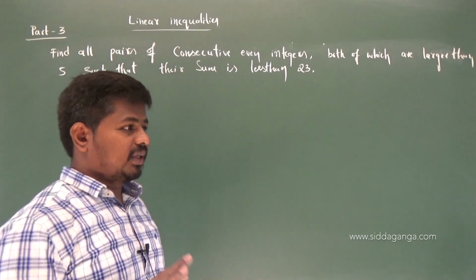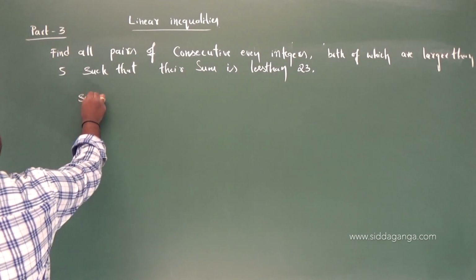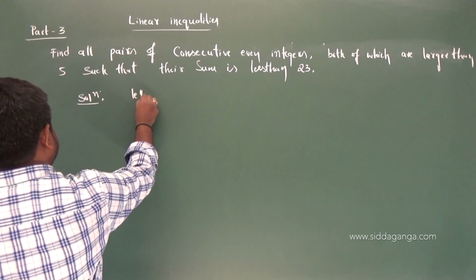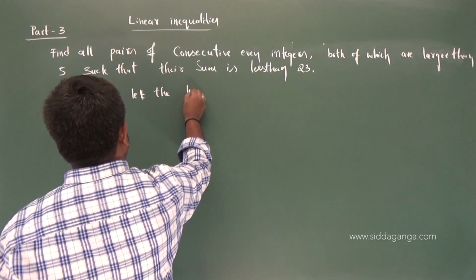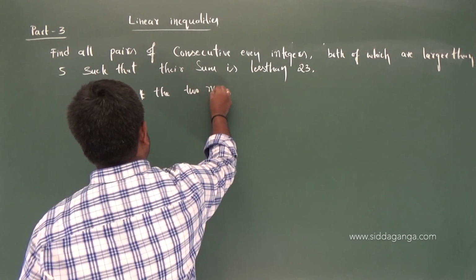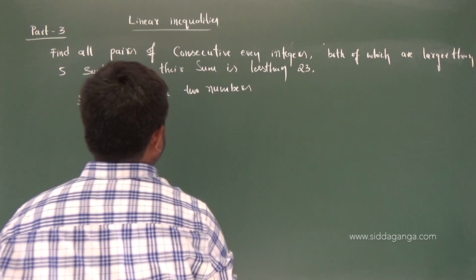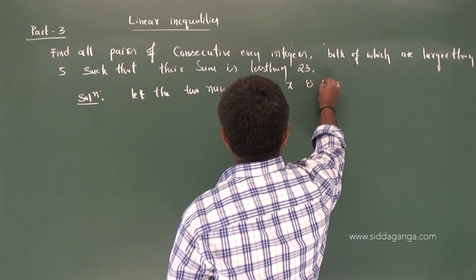That is very important. Okay, solution is, again let the two consecutive even integers be x and x plus 2.